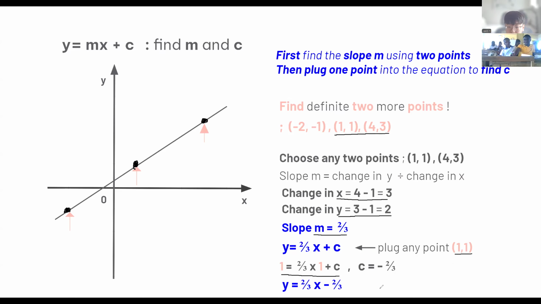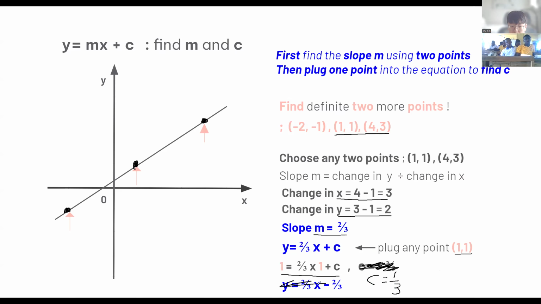So this just becomes c is equal to 3 over 3 minus 2 over 3. So c would actually be 1 over 3, right?